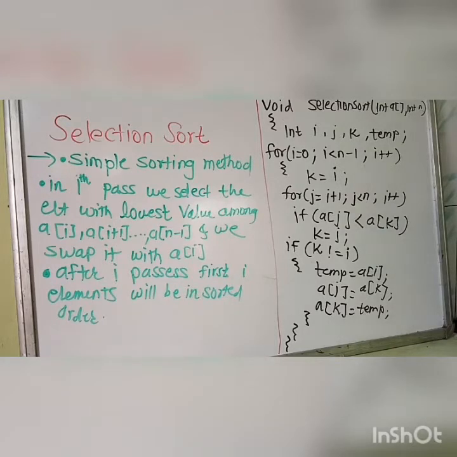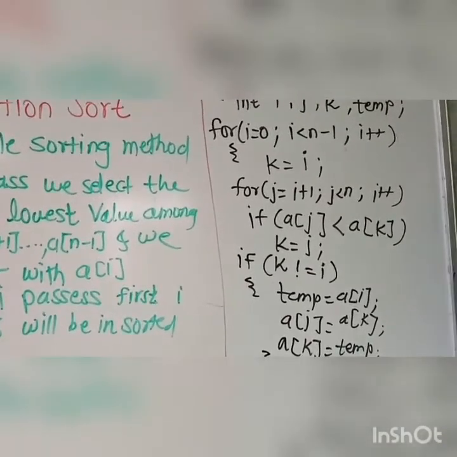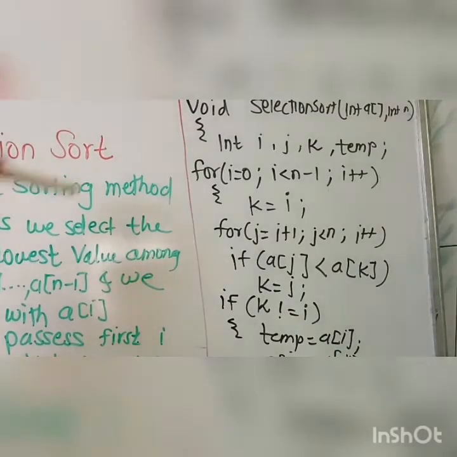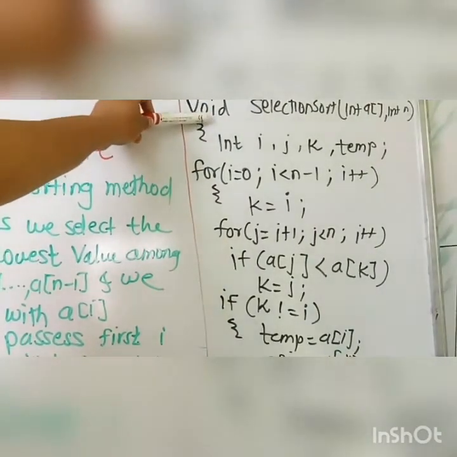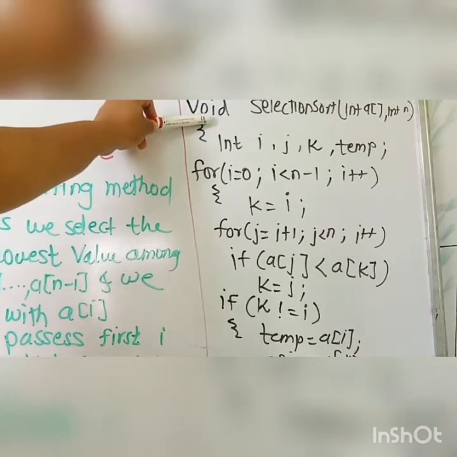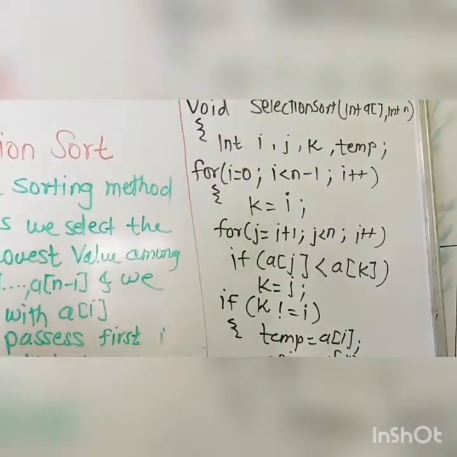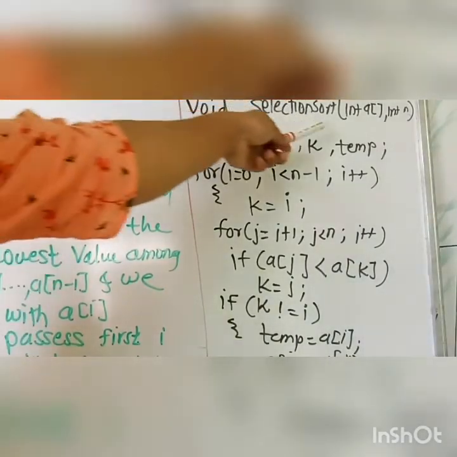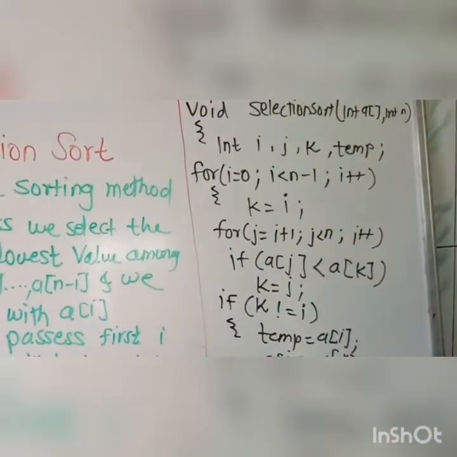Now we will consider one small function, known as the selection sort function, to sort the elements in the array. See here, we have taken void as the return type and selection sort as the name of the function. Then integer a is the array and integer n is the number of elements in that array.